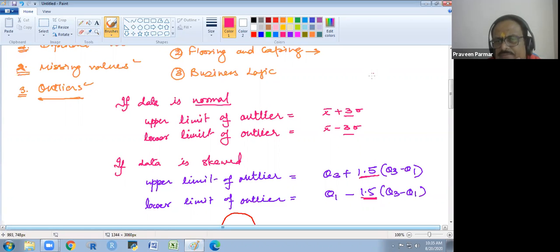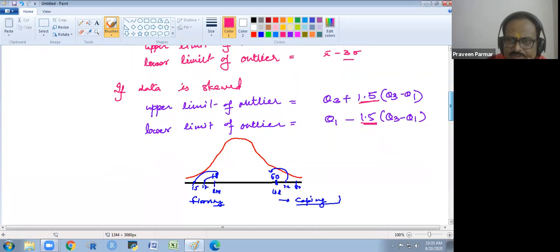Is it clear? It is fixed, it is a constant. You always use 1.5 for skewed data and 3 for normal data.